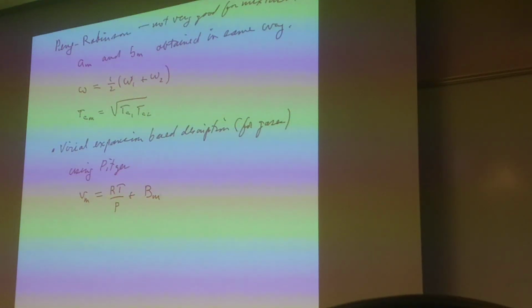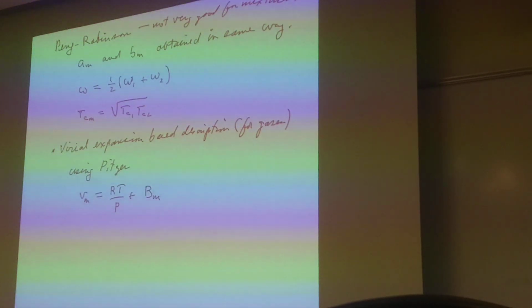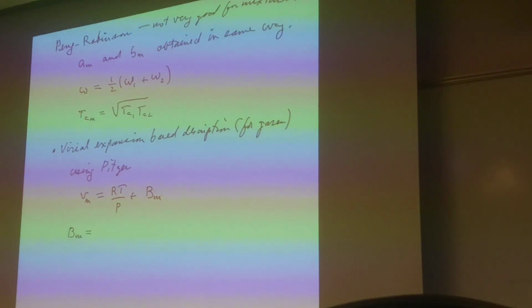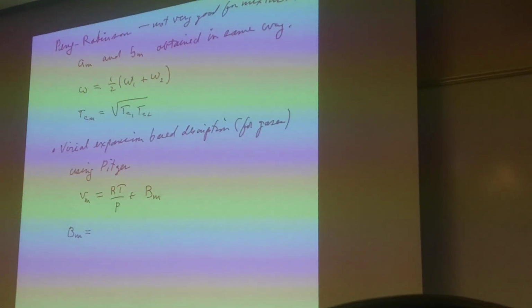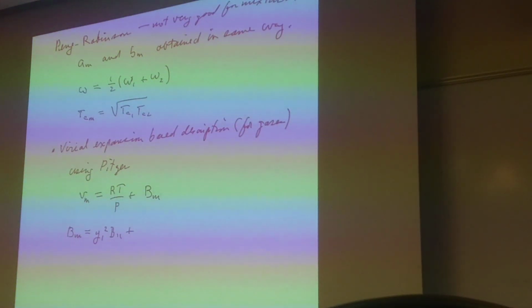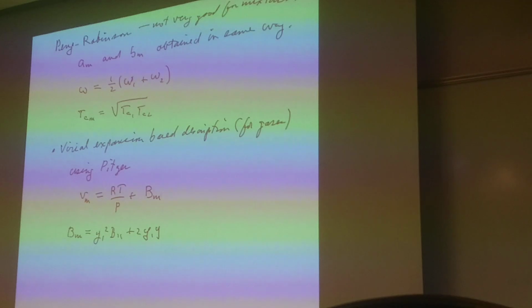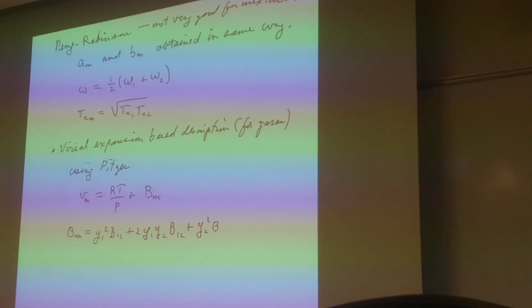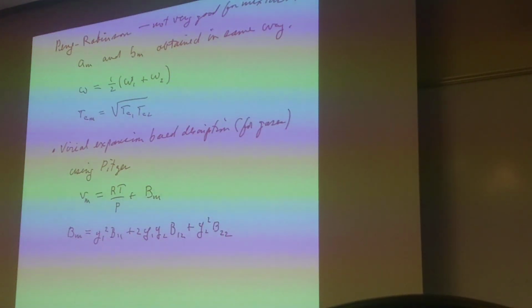Now, completely rigorously, you know that B embraces only binary interactions. So with complete rigor, we can write the effective mixture second virial coefficient as a binary function of the mole fractions. For a binary system, I can write this out that way.